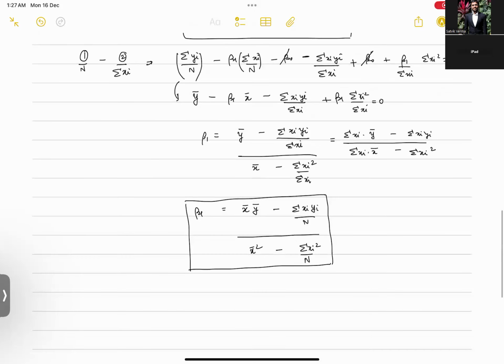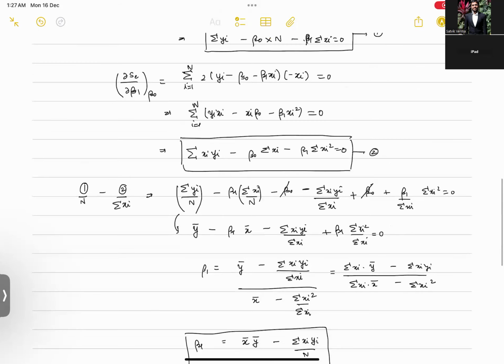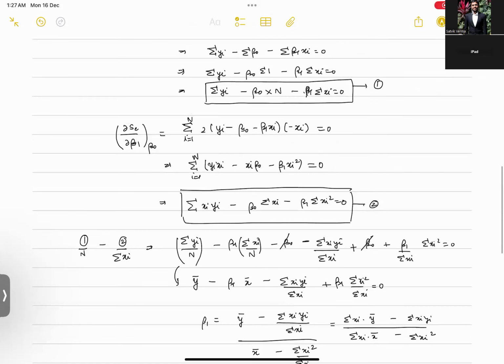You'll just have to do some algebraic manipulation here, right? But anyway, we've got beta 1 here. And then if we go to equation 1, and we write this as summation yi by n, which is y bar minus beta naught minus beta 1 x bar equals to 0.